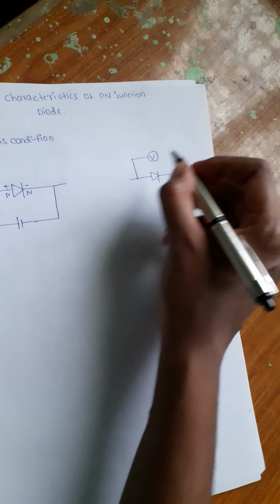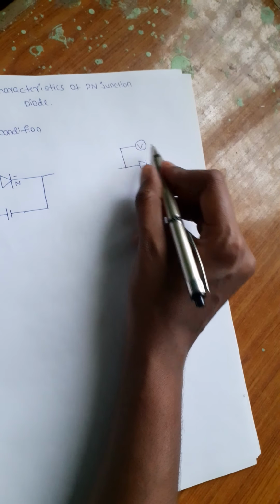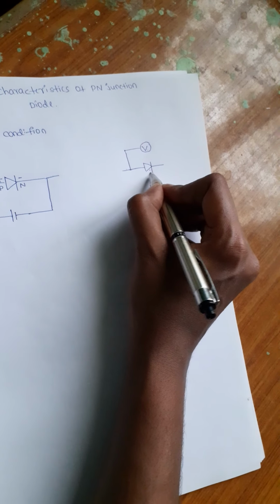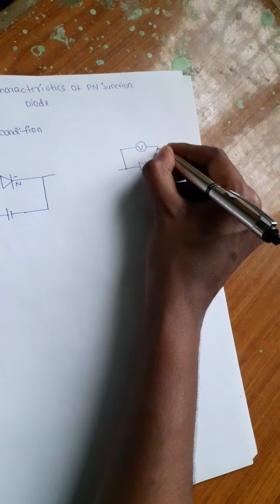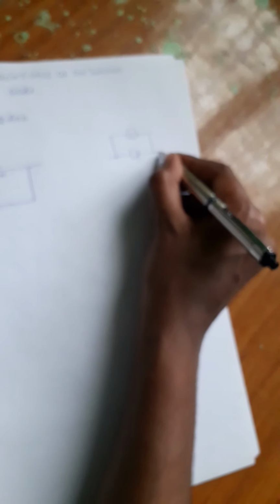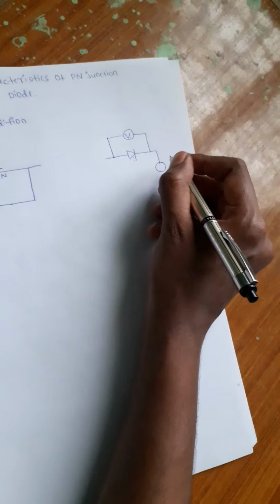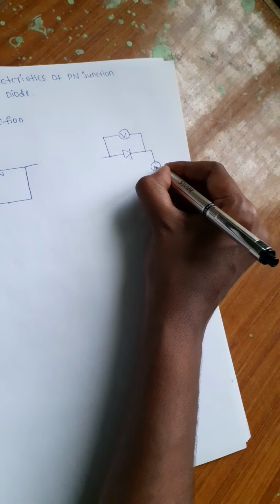So it gives the voltage across the diode, and we connect the ammeter in series with the diode because the current is the same in a series connection. So the ammeter is connected over here.